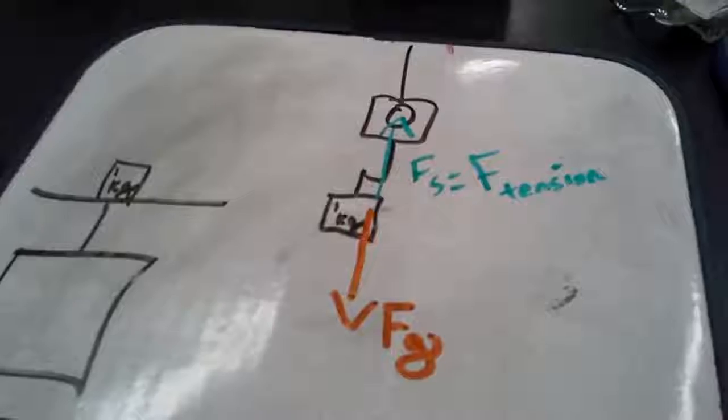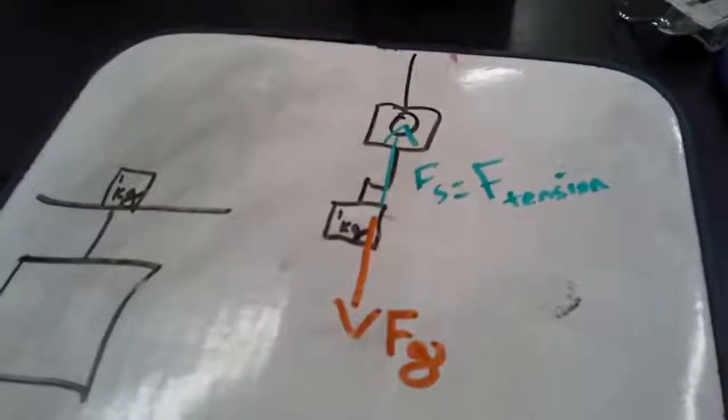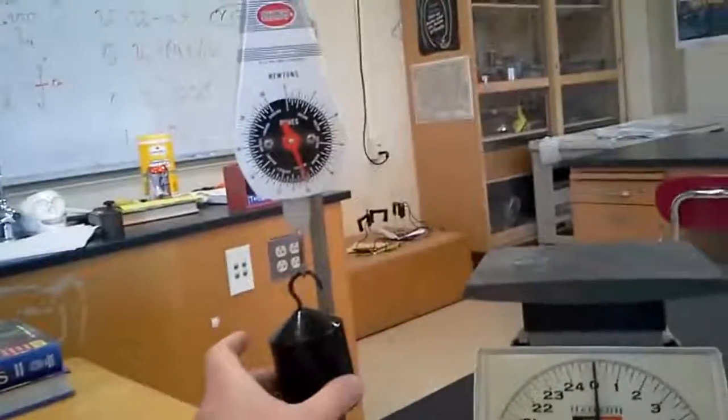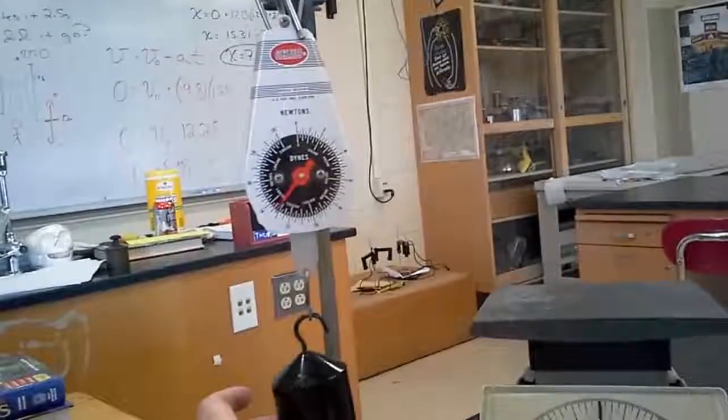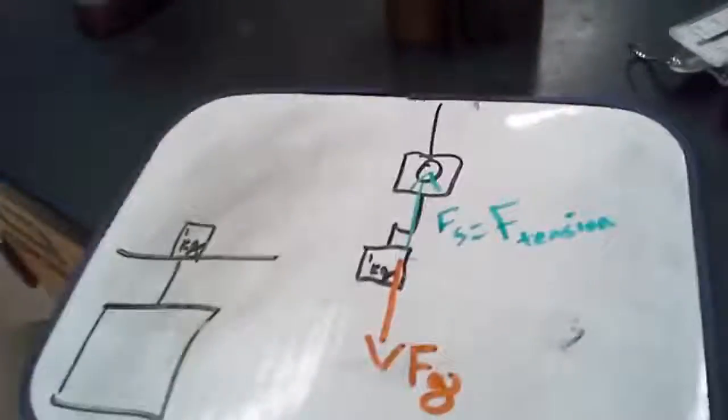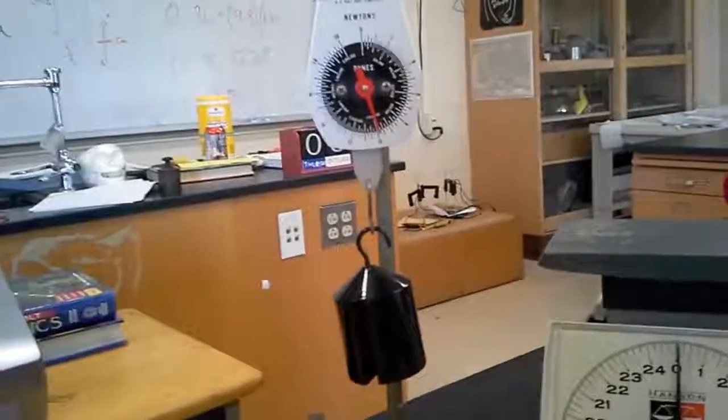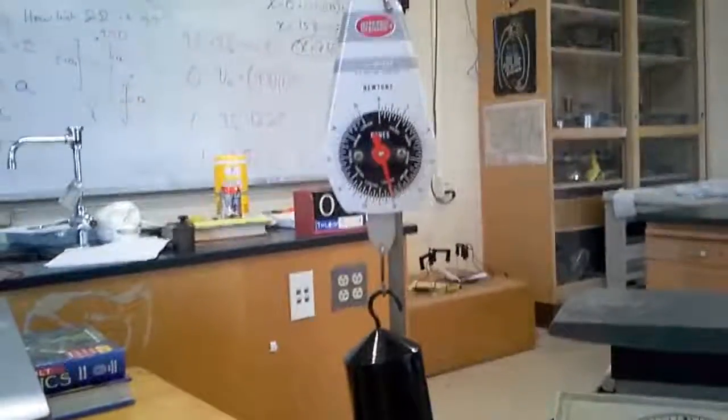And the two forces are balanced, and that's why it's not falling. If I pulled harder on this, the spring would stretch more and the needle would go up. So what this is actually doing is measuring how much its spring is stretched. And as long as there's no other forces acting, that's a good representation of the weight.